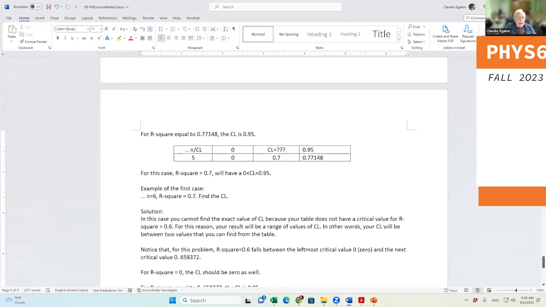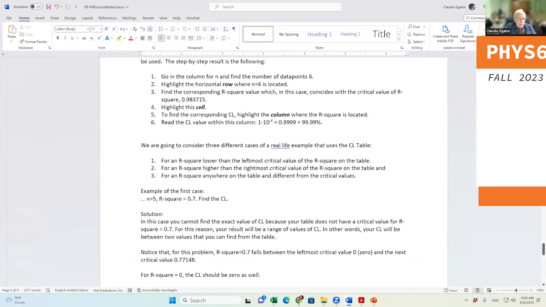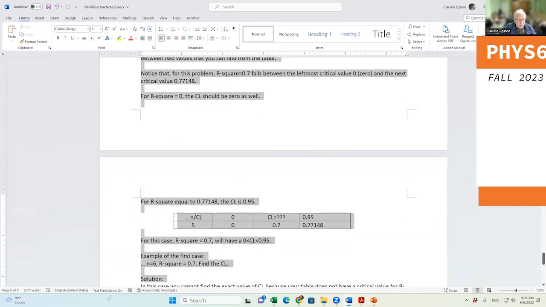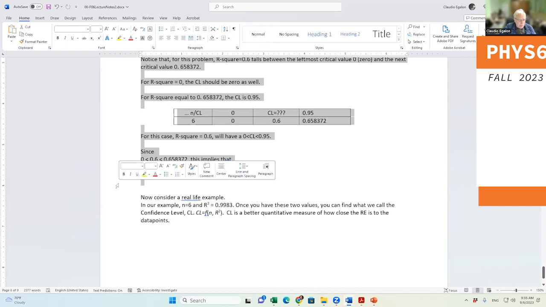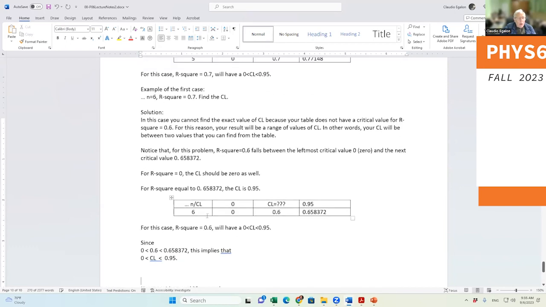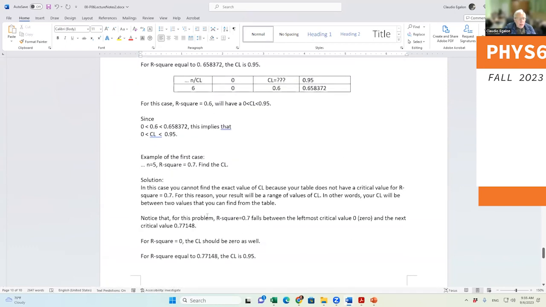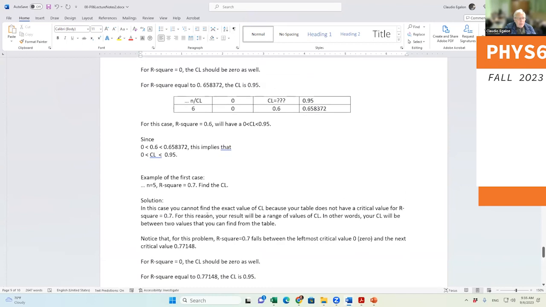Okay, so here you go. Now we're going to go all the other way, right? I'm going to copy and paste it. We're going to go for the other extreme of the table. We're still going to use n equal to 5.